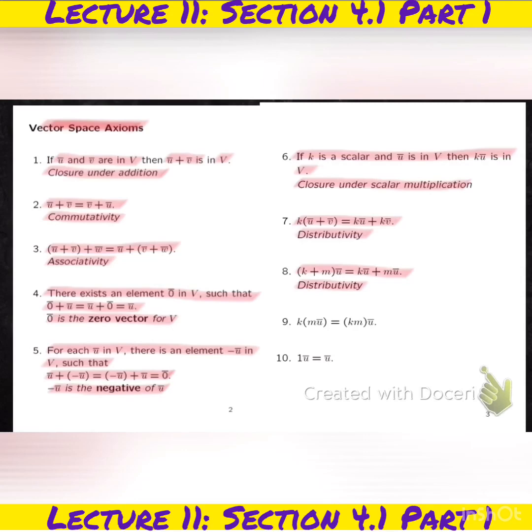Axiom 9 is the associativity product law with respect to scalar multiplication.